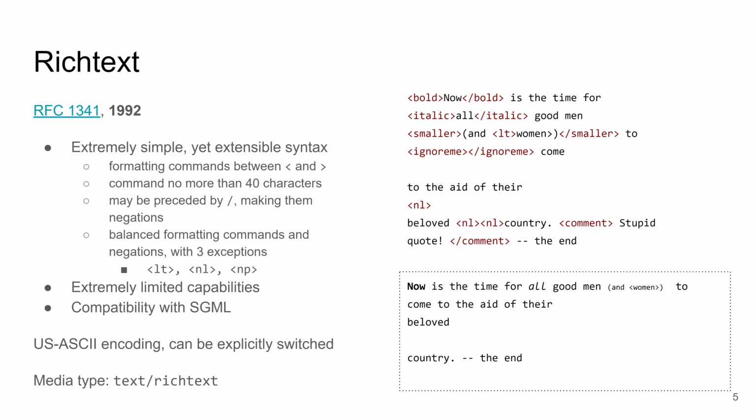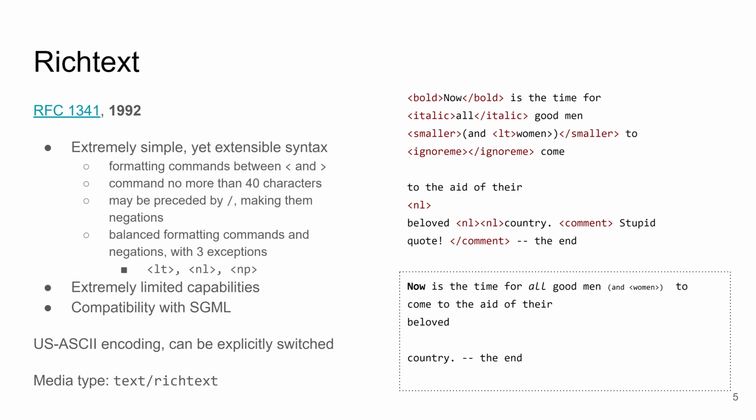This is because at that time it was important that even implementations that do not support rich text would be able to at least extract the simple text from the rich text file. So basically, a rich text file defined a set of commands.